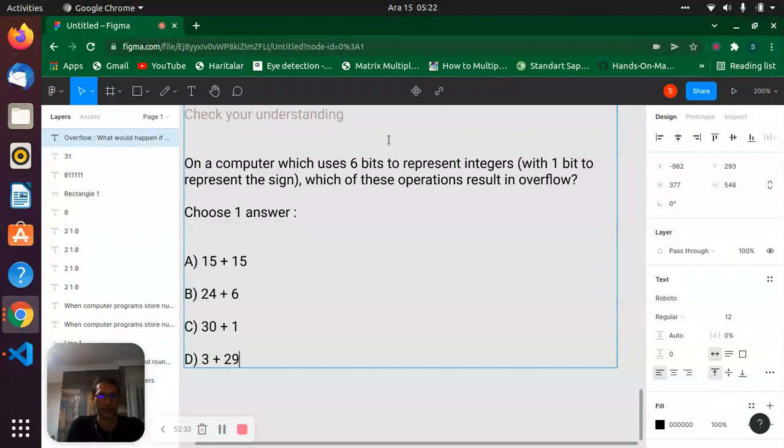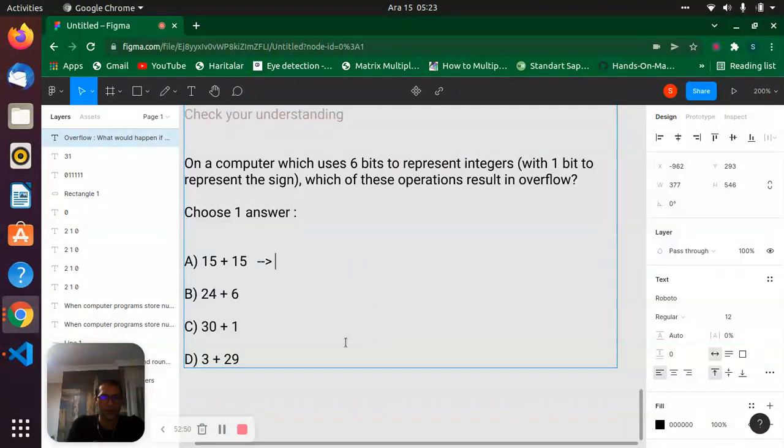Okay, let's do it together. Look at the first one. I will use this marker, I mean a green marker, to show the situation.